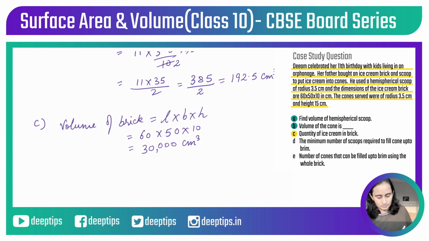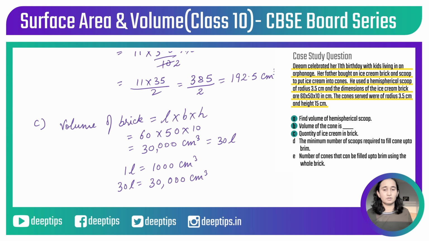So here 1 liter is equal to 1000 centimeter cubes, right? So 30 liters will be equal to 30,000 centimeter cube. So I can write my answer in liters also, that the volume of the brick is 30 liters.